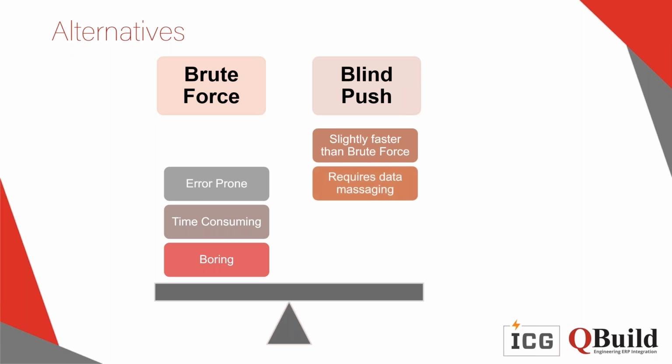So number one, the biggest one, it requires a lot of data massaging. We call it a blind push because you're blindly importing that data into FortShift. You don't have any data validation to go with that. You're not able to look over to see if that data is going to come out as expected in FortShift. So oftentimes, once you actually import that Excel file or CSV, for example, into FortShift, you're going to have to go back into FortShift to check over the data, massage it if anything needs correcting.